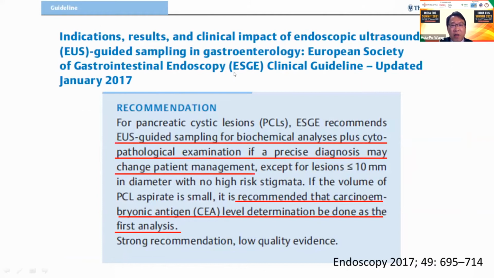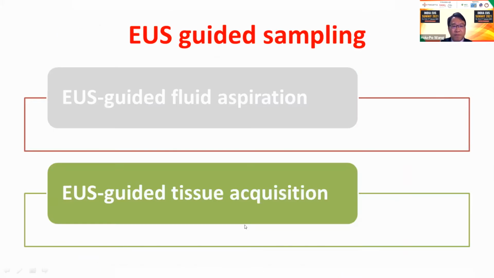According to the AGA guideline, they suggest EUS-guided sampling for biochemistry analysis plus cytopathology examination. They also recommend that if the aspirate is small, CEA is the first analysis choice.